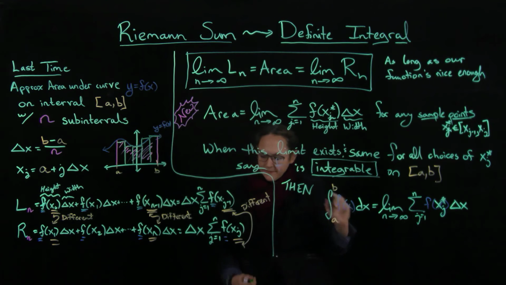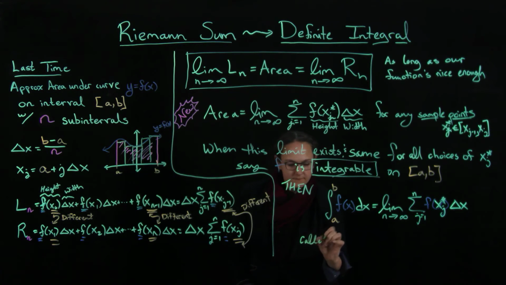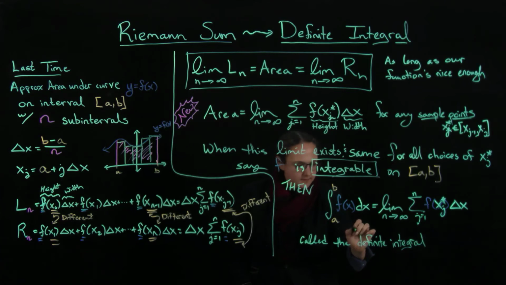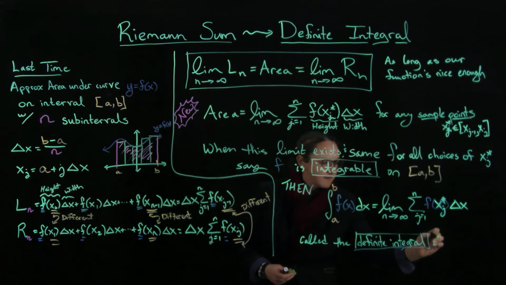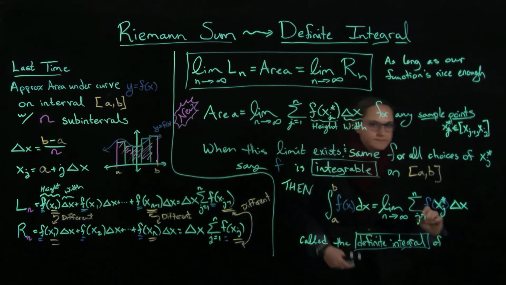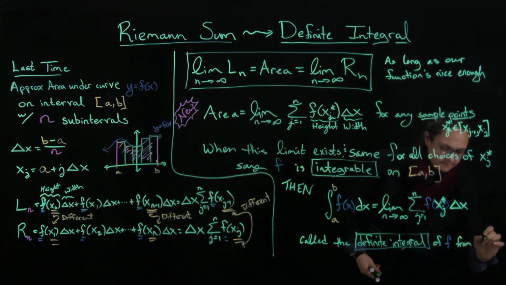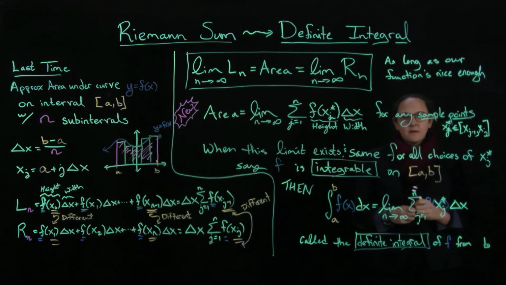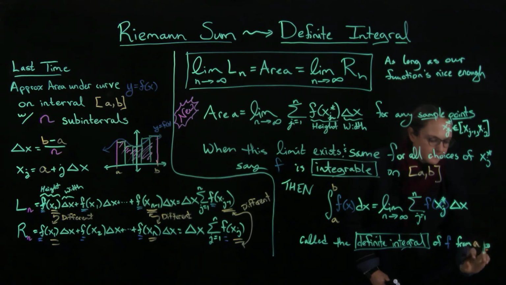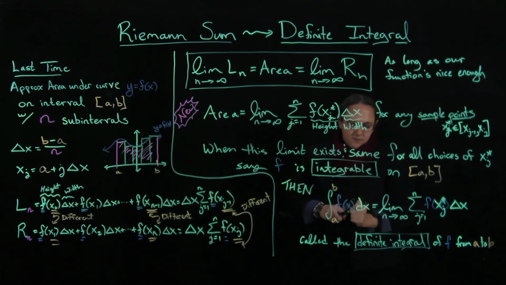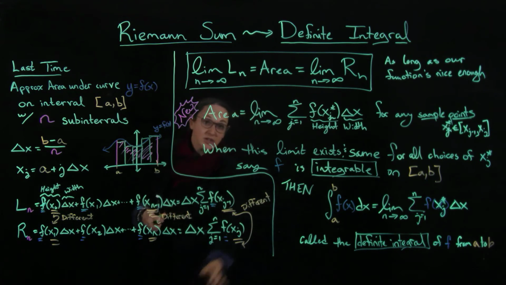And this is called the definite integral of f from A to B. Now we've actually gotten to what the integral is.